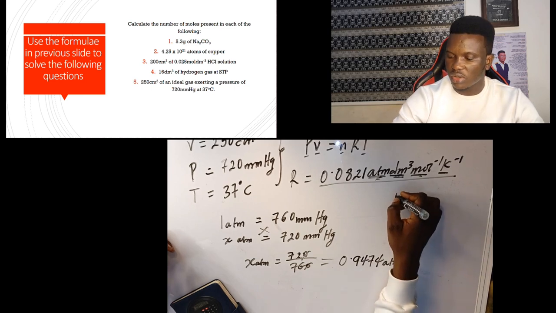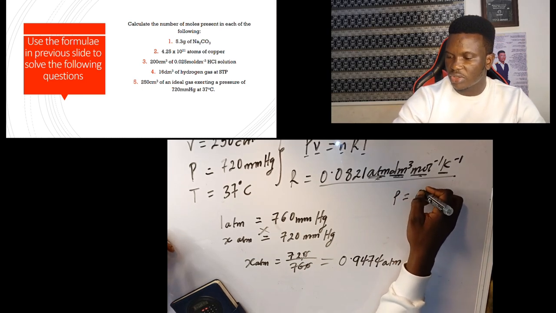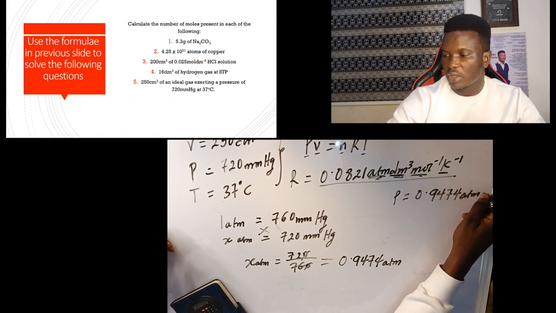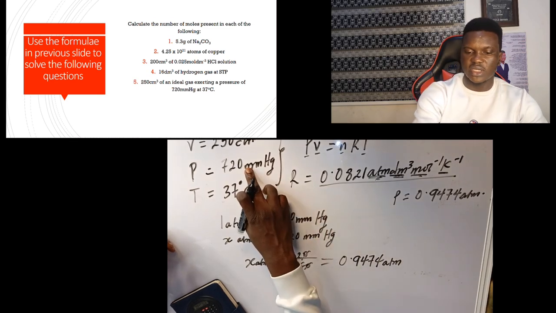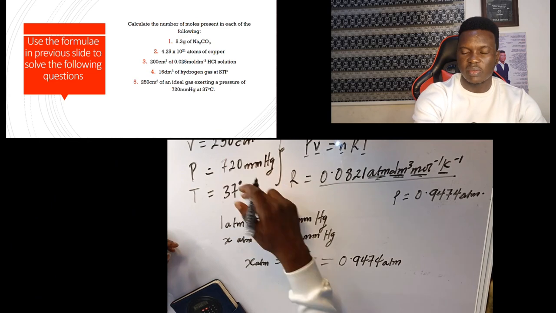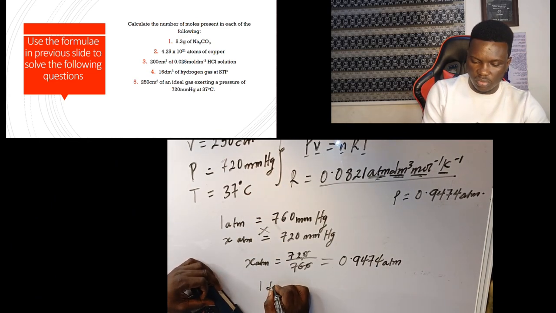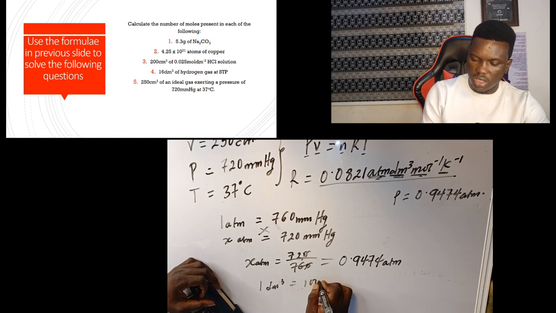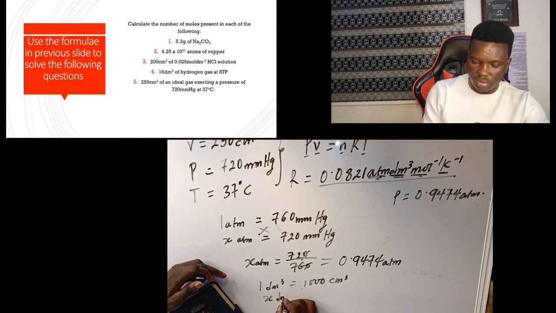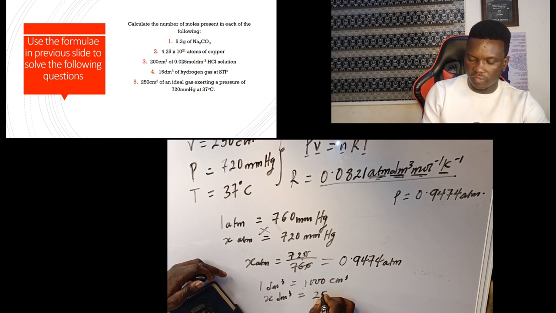So our pressure is now 0.9474 atmosphere. Now we have converted 720 millimeter of mercury to this. So let's convert volume. Remember I said 1 dm cube is equal to 1000 cm cube. So how many dm cube will I get from 250 cm cube?